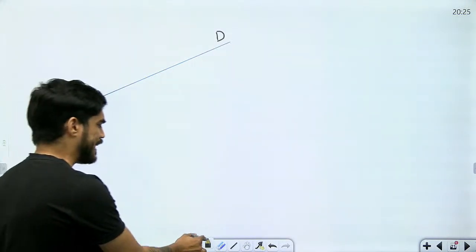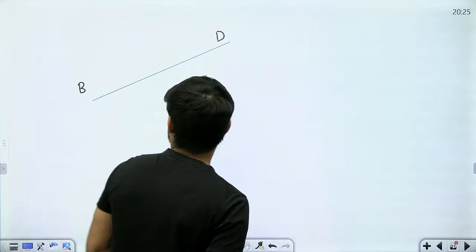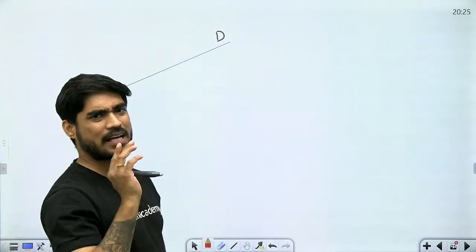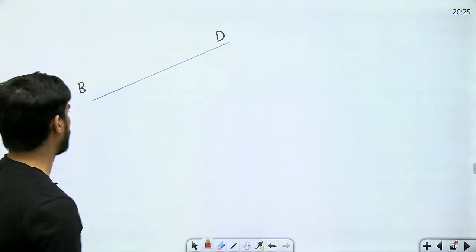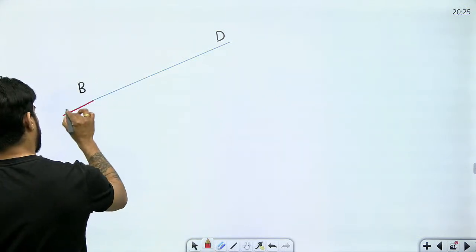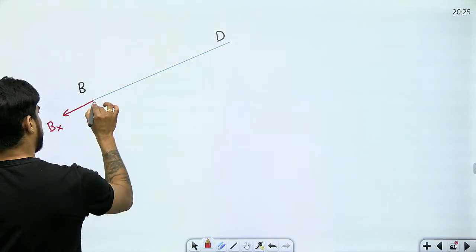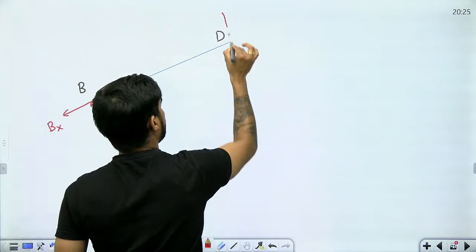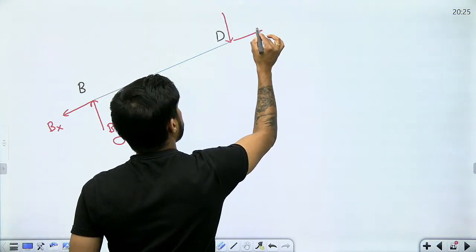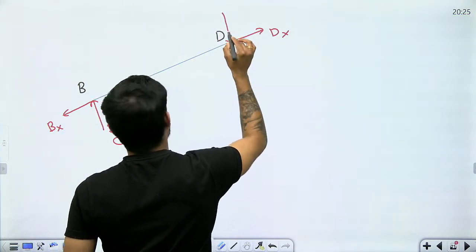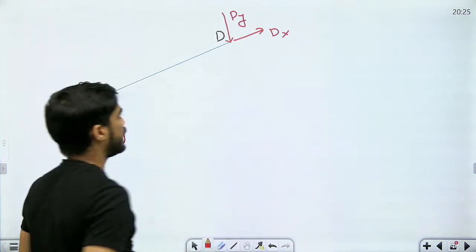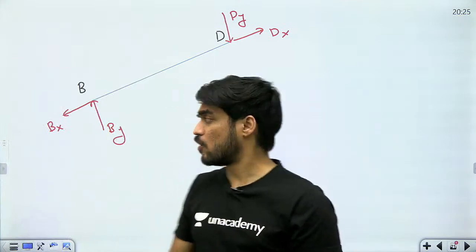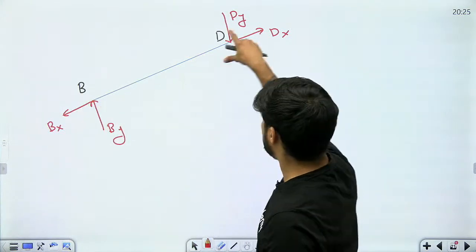Okay, let's assume for once that BD is a multi force member. ओके, एक बार तो अज्यूम कर लेते हैं कि BD जो है वो मल्टी फोर्स मेंबर है. So let's say this is BX, this is BY, this is DX and this is DY. ठीक है, let's assume. ओके, एक बार को अज्यूम कर लो कि इसमें BX BY और DX DY लग रहा है.